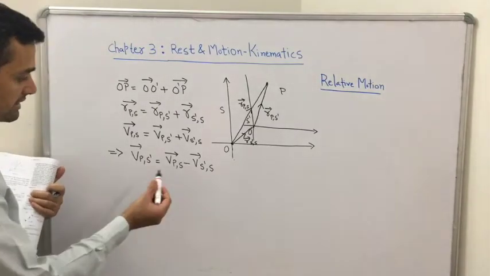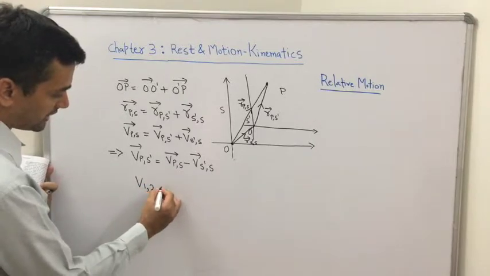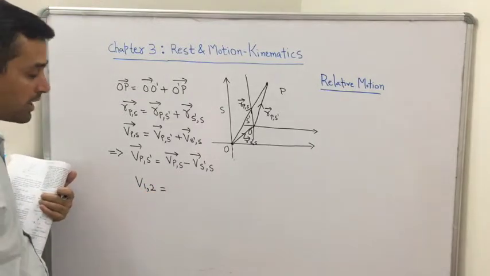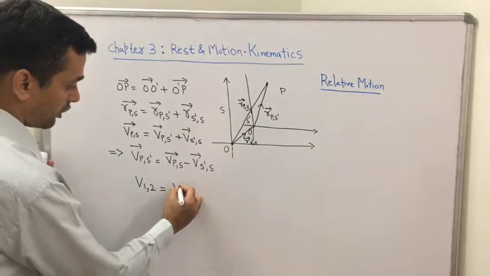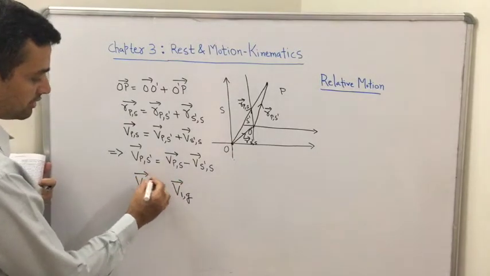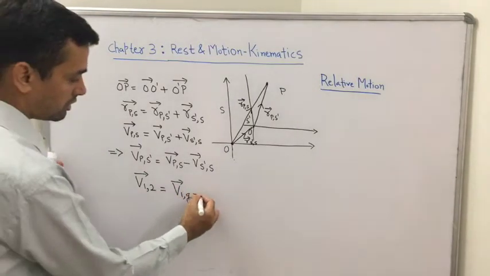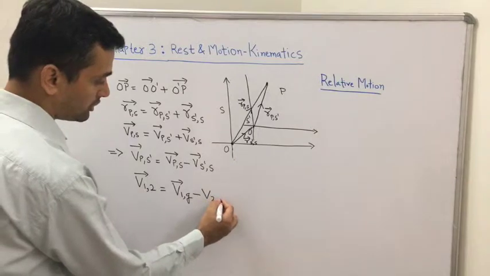Okay, or if I state this simply, velocity of first body with respect to the second body is given by velocity of first body with respect to ground, let's say if I consider my first frame of reference as ground, minus velocity of second body with respect to ground.